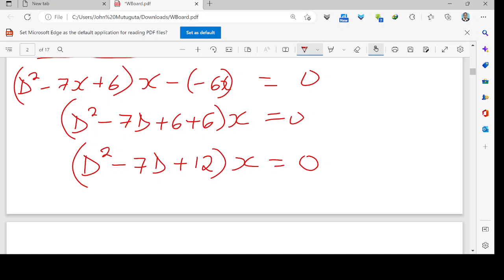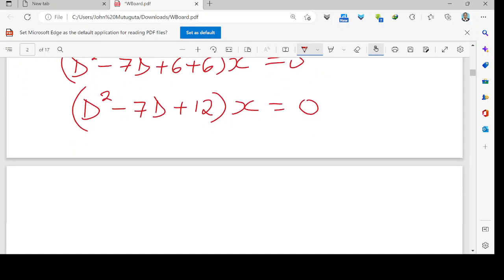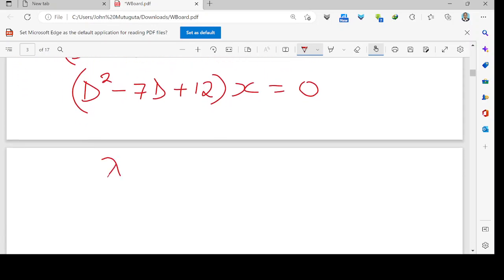Notice that now this one is a second order ordinary differential equation with constant coefficients. If we want to solve such an equation, and this one being homogeneous, we shall need to find the characteristic equation. The characteristic equation can be expressed as lambda squared minus 7 lambda plus 12 is equal to 0.